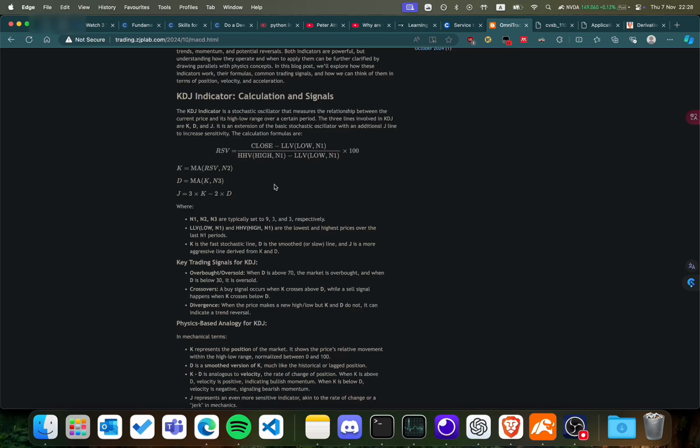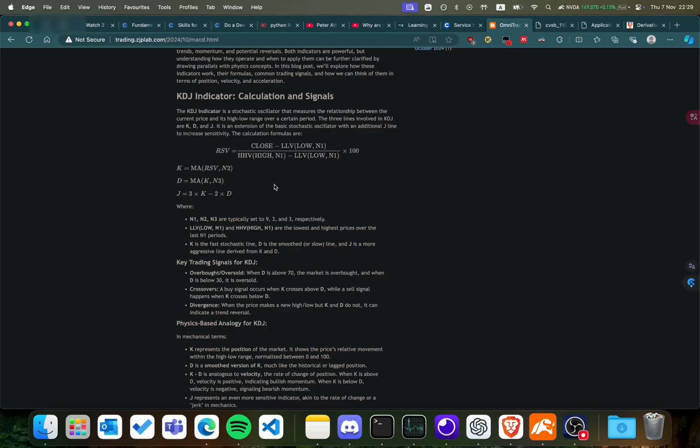Delta, meaning the derivative, is created by the difference: delta of distance divided by delta of time. Assuming delta of time equals 1, you arrive at J, 3K minus 2D.